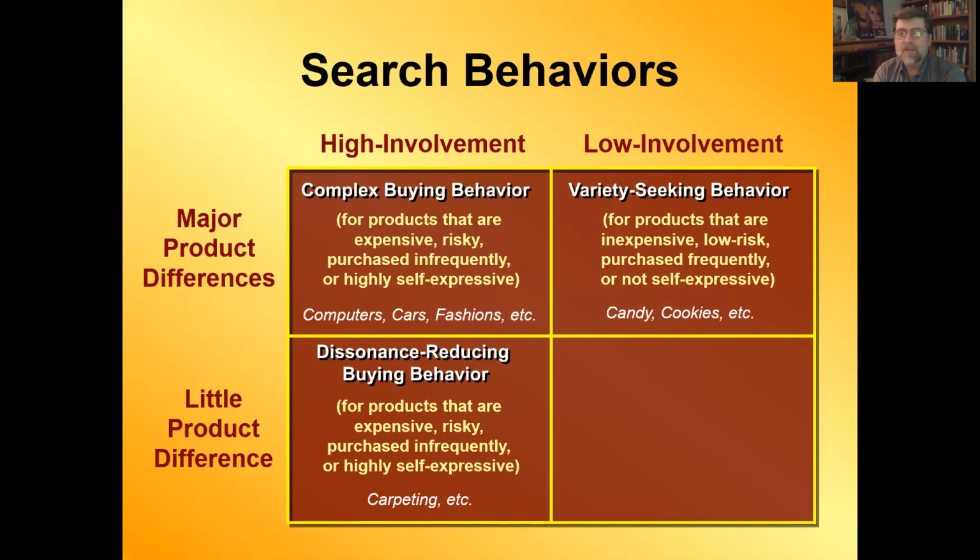Almost every brand of carpet has a full range of colors, a full range of lengths, shag, and all the different types of lengths and styles. You just didn't want to make a mistake. You want to reduce that worry because it is expensive and risky and so forth.